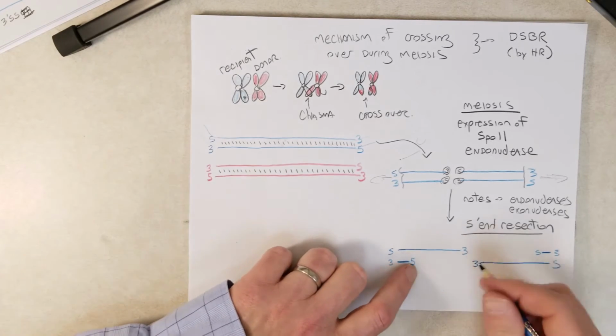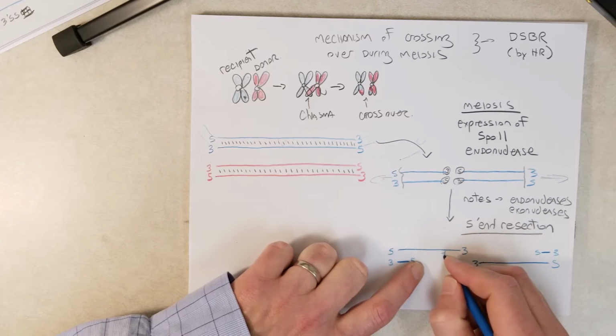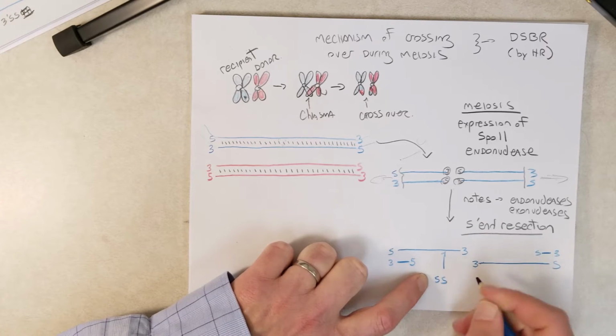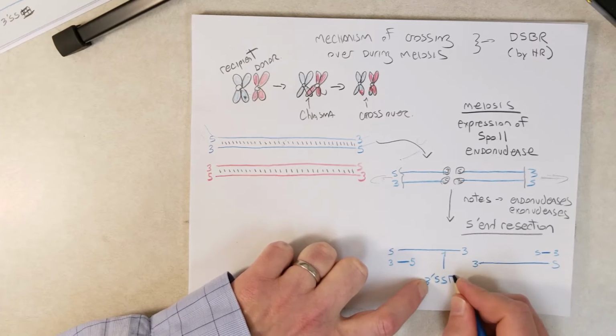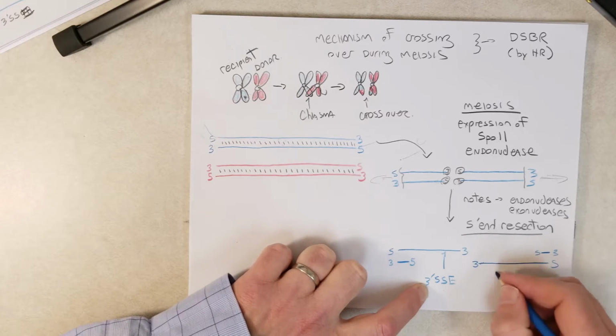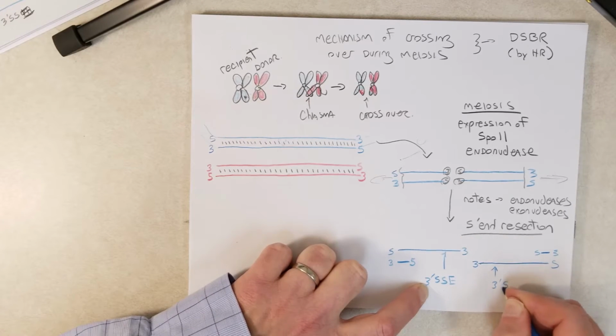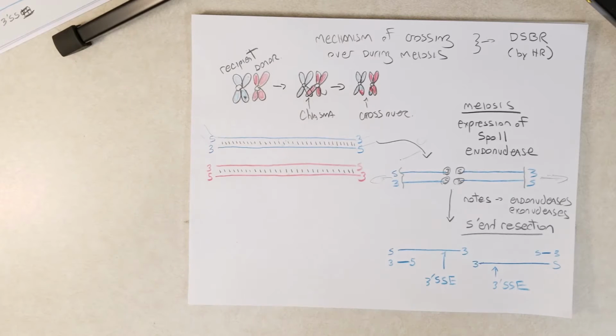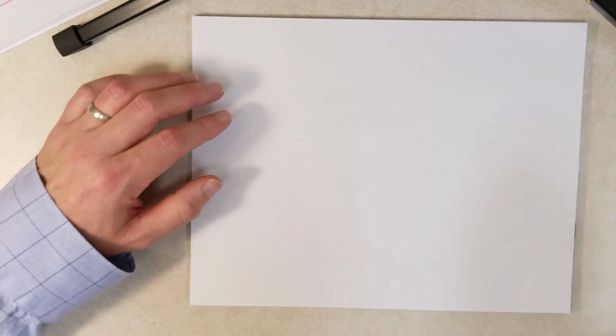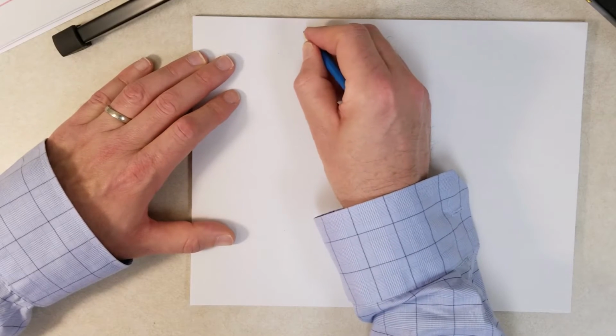Okay, so now we have these single-stranded 3' ends. One here and one there. Now the next step is, here, let me diagram that again up here.